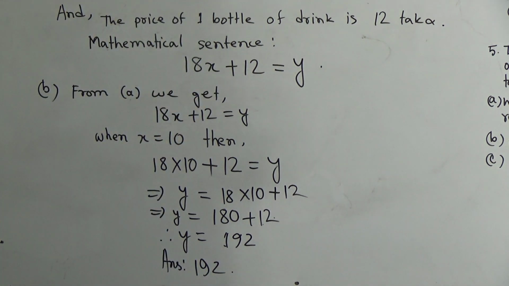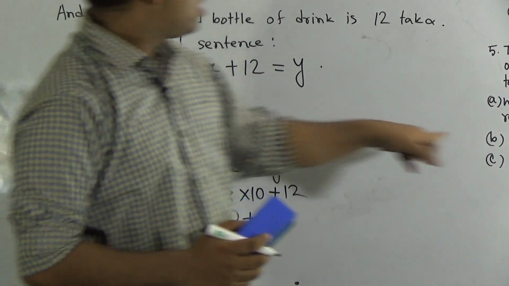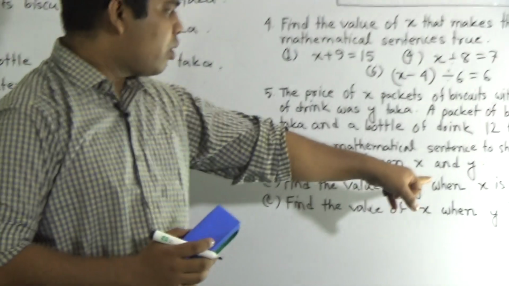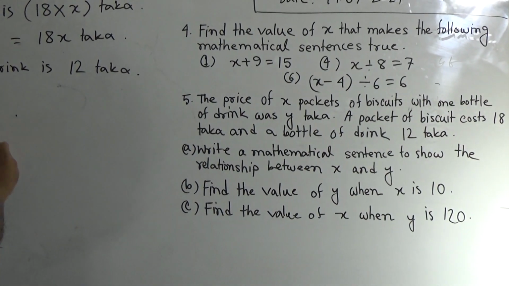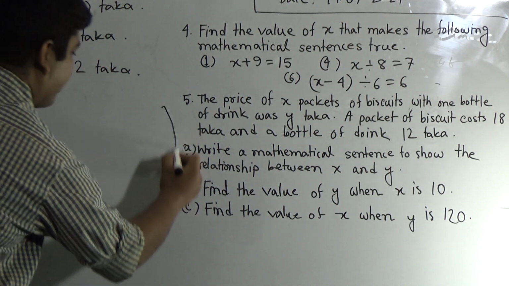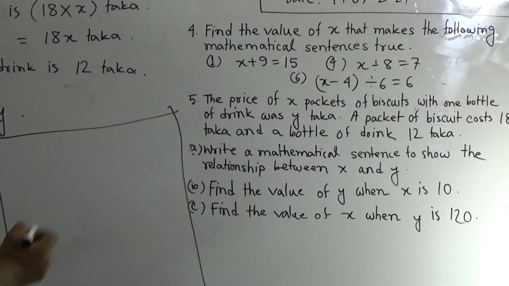Next we shall solve question C. This is similar to question B. Here find the value of X when Y is 120. My dear student, in this section we solve this math, then it will be more clear to you.